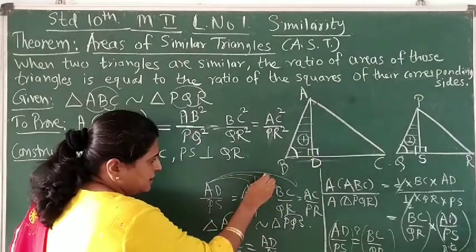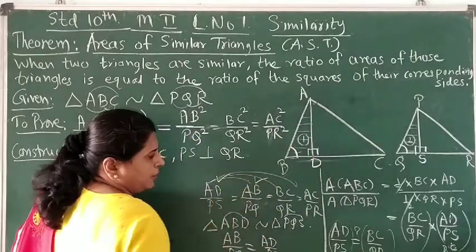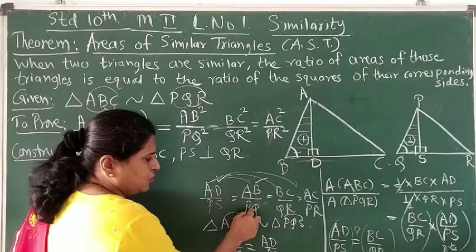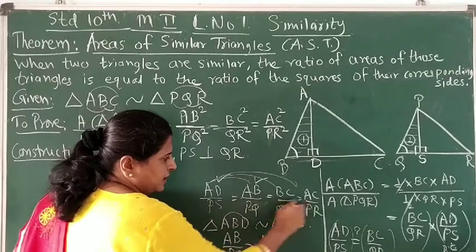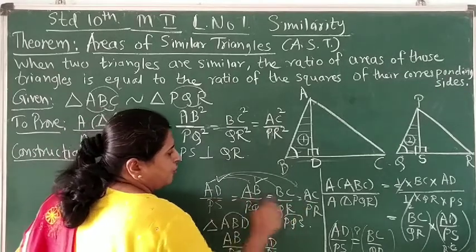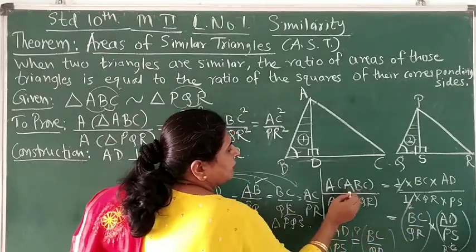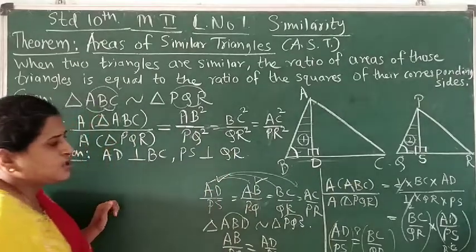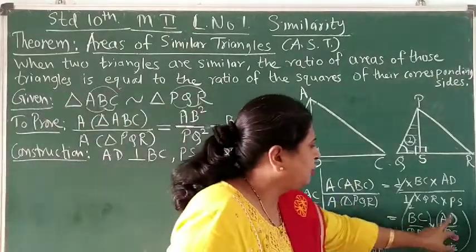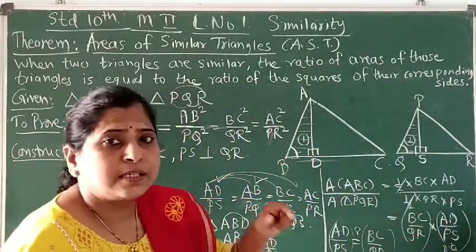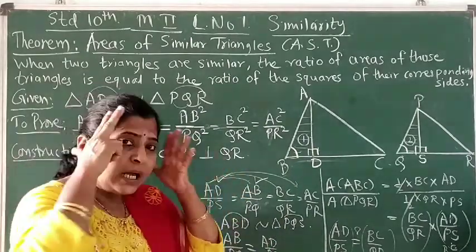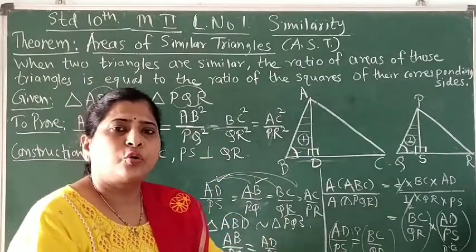So here see, this and this we have proved equal. Correct? So now if these two are equal, then of course we can state this statement, and from this we can prove this part and this part, and then we can get the square. BC upon QR into BC upon QR, we can get BC square upon QR square. So that is the way in which we have to go.